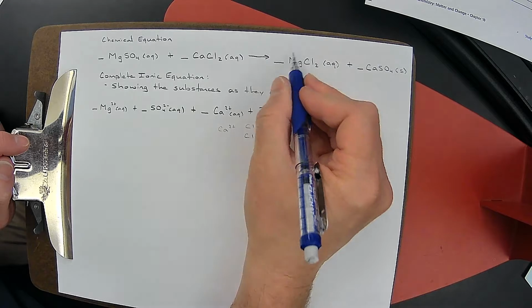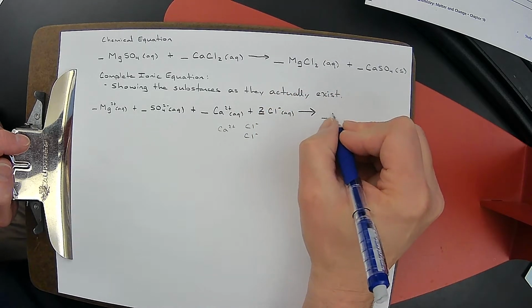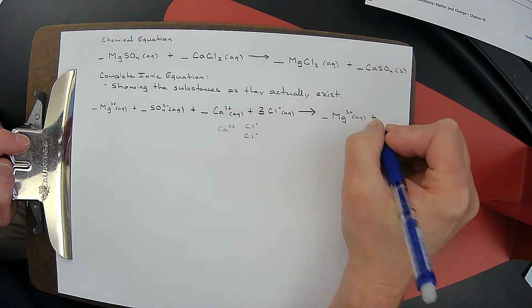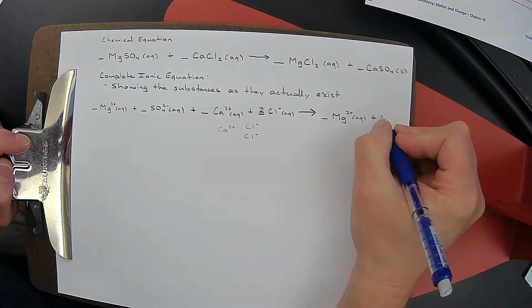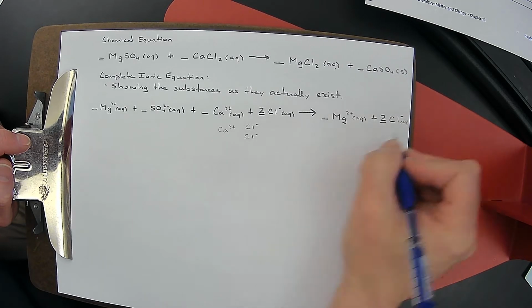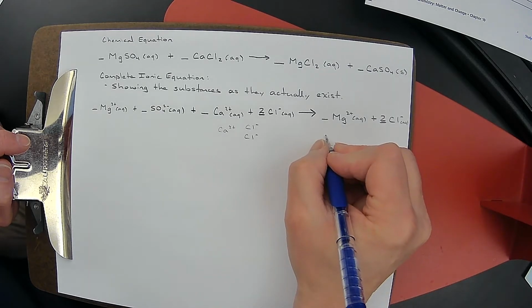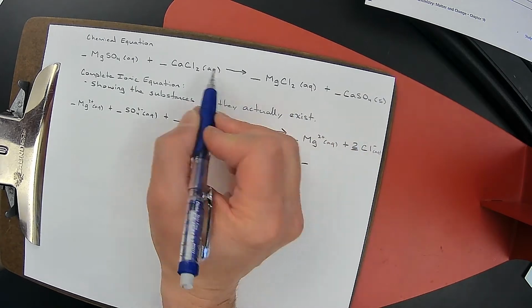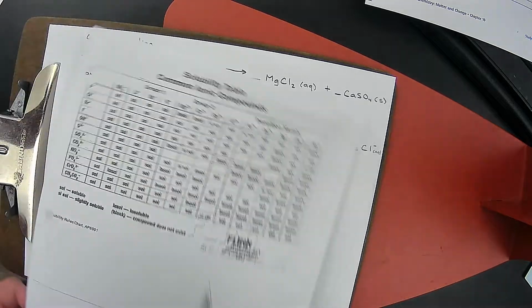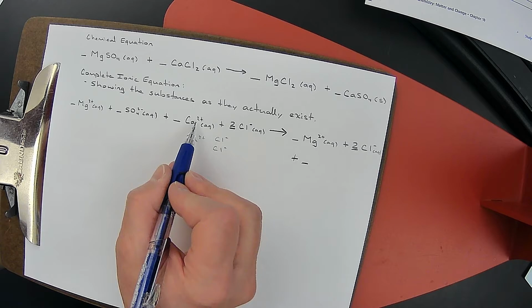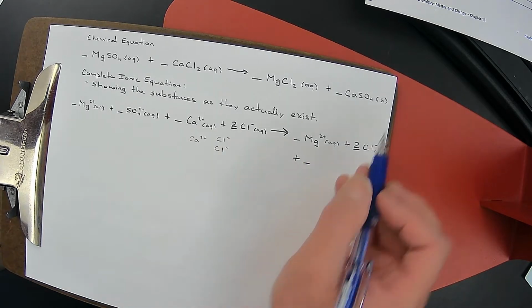And then this, of course, breaks up into its individual ions as Mg2+ aqueous plus, and once again, this breaks up into 2 Cl- aqueous. And then I can't quite fit it here, so I'm just going to write it under here. Plus, now, here's where things change. Notice all of these were aqueous solutions based off of being soluble. So when they're placed into water, they're broken apart into their individual ions.